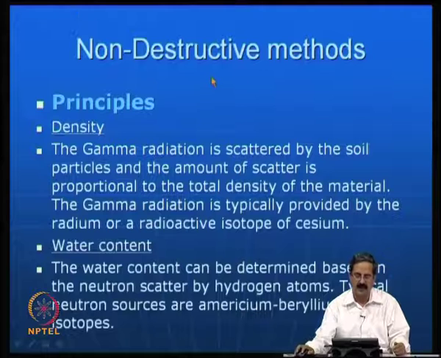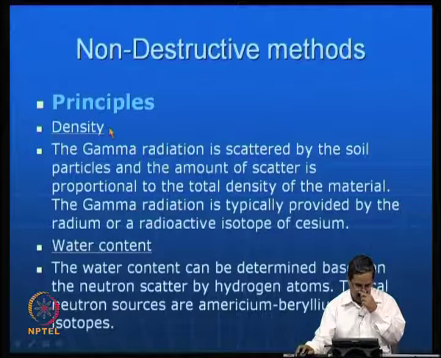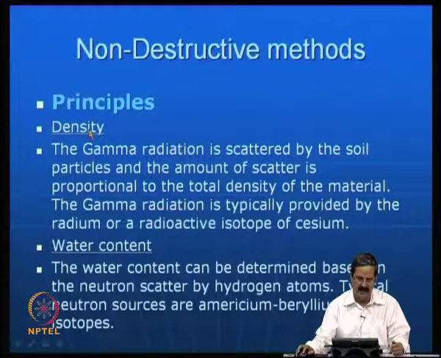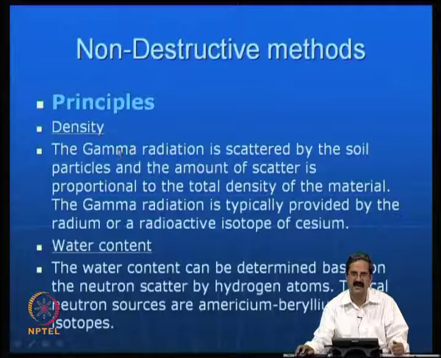Those problems are overcome if you are able to use non-destructive methods, in which you try to find out the density. Here there are two principles. The objective is to get the density and water content, and how do you get the density? Some of these measurements are by scattering of gamma radiation.